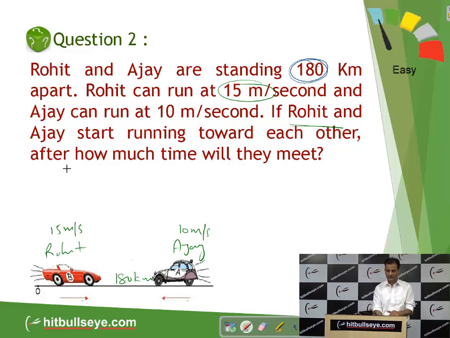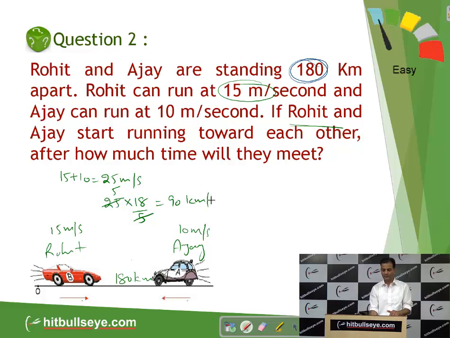It will be 15 plus 10, which will be 25 meter per second, and convert this meter per second into kilometer per hour, students. It will be 25 into 18 by 5. Already we have done. So the relative speed will be 90 kilometer per hour.